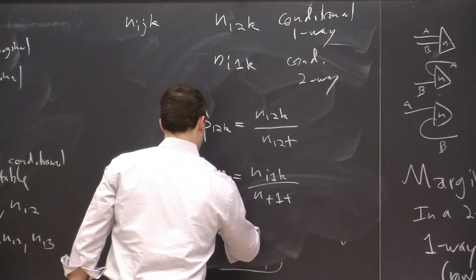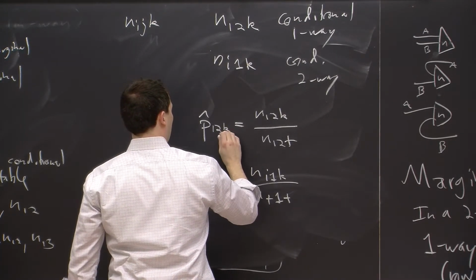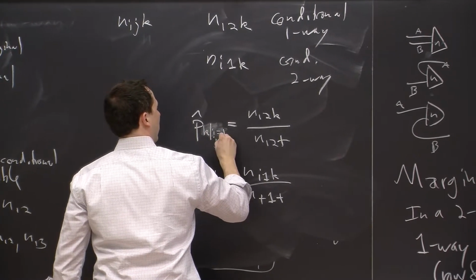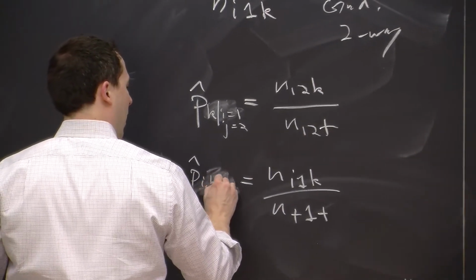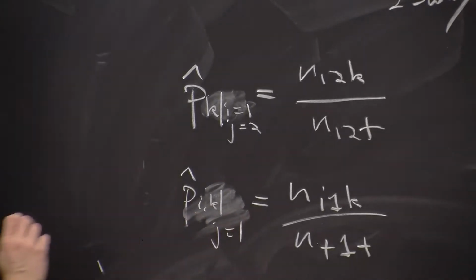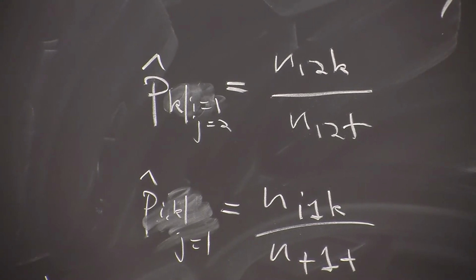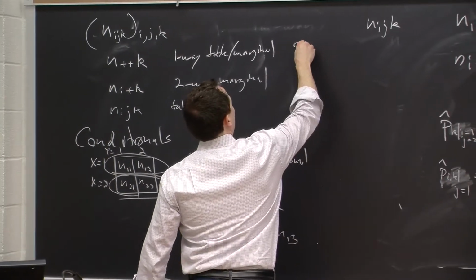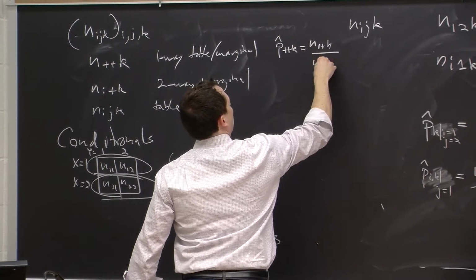Sorry, this is conditionals, so I want to say the other way around. This is probability of k given i equals 1, j equals 2. And this is probability of i, k given j equals 1. The marginals, similarly, I just have to divide by this. So p hat_++k is n_++k divided by n_+++.